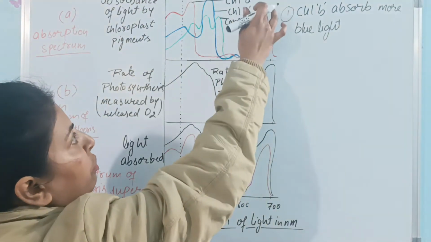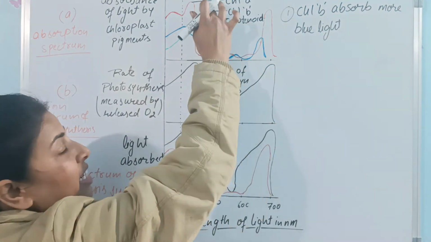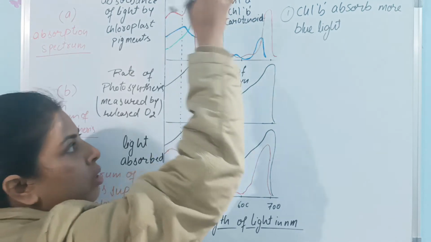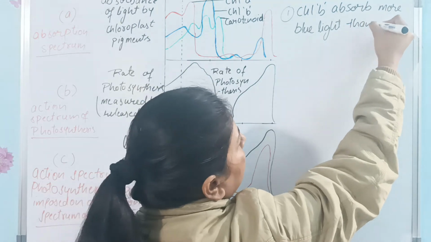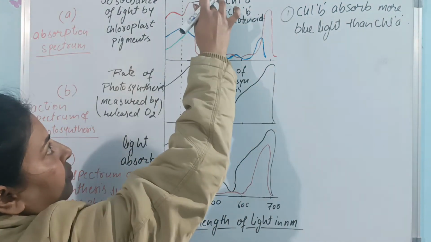So chlorophyll B absorbs more blue light than chlorophyll A.